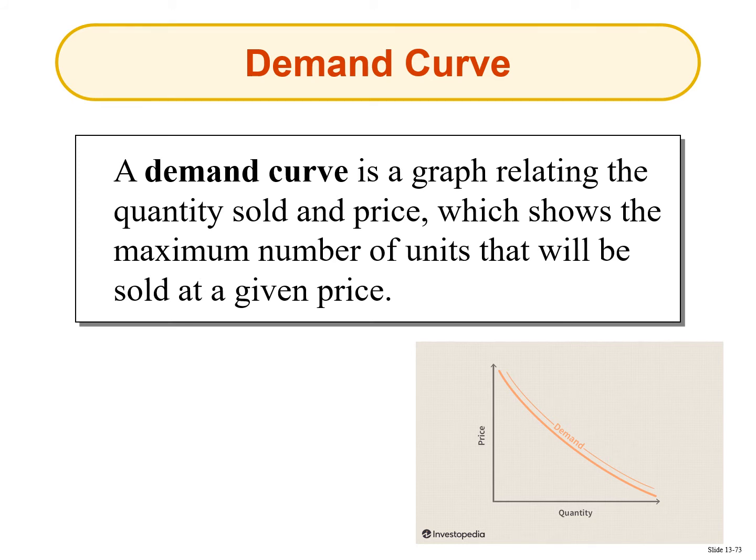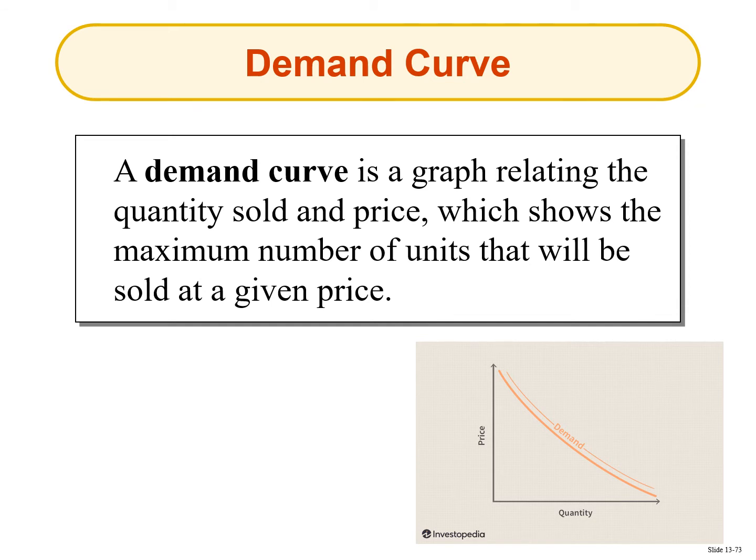So a general idea is that as the price goes up, and you can see that from right to left, so as the price goes up, the quantity sold will go down. So as you're going to increase the price of your product, the quantity of products that you'll be able to sell will go down. So you can go from right to left on that graph.